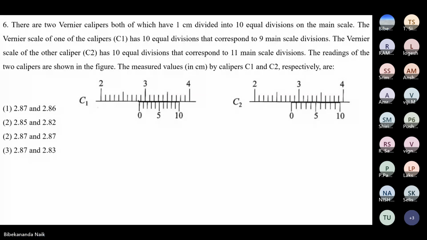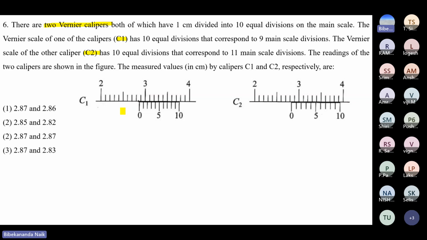So in this question, what is given? The question says there are two vernier calipers, C1 and C2, and since it is a vernier caliper, it has a main scale and a vernier scale.